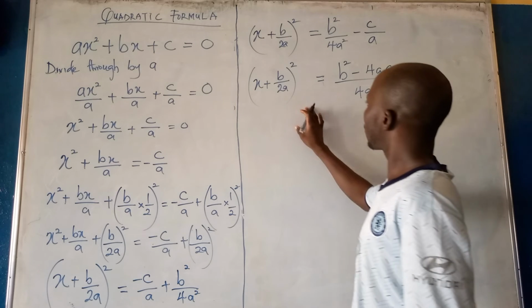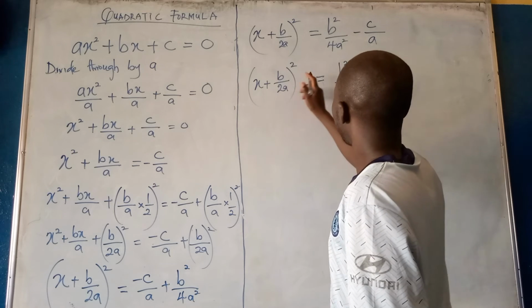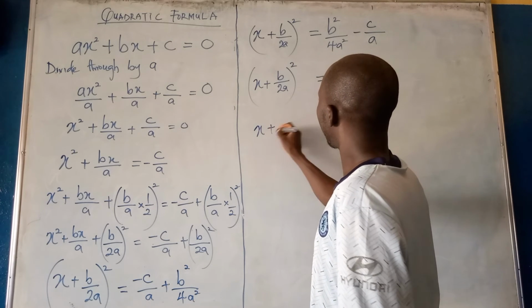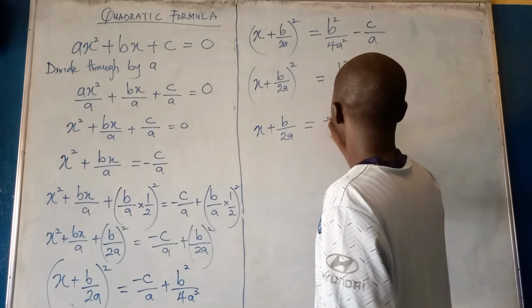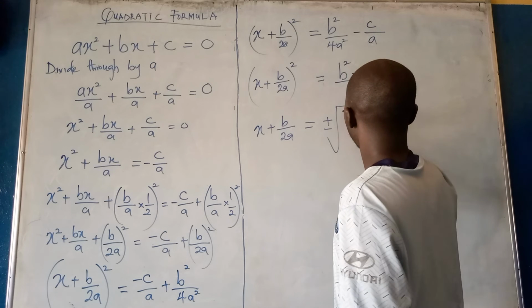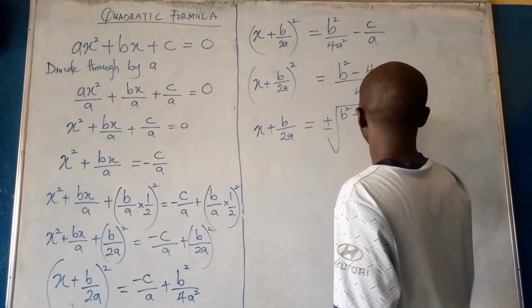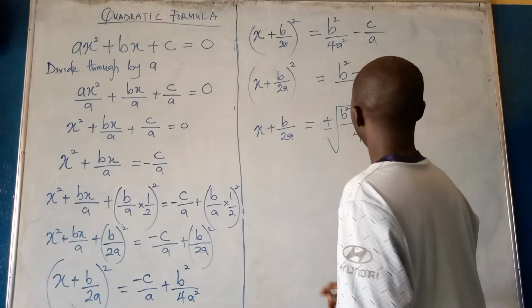Now from here, we need to remove this bracket. In the case of removing the bracket, we're going to have x plus b over 2a equals plus or minus the square root of b squared minus 4ac, all divided by 4a squared.